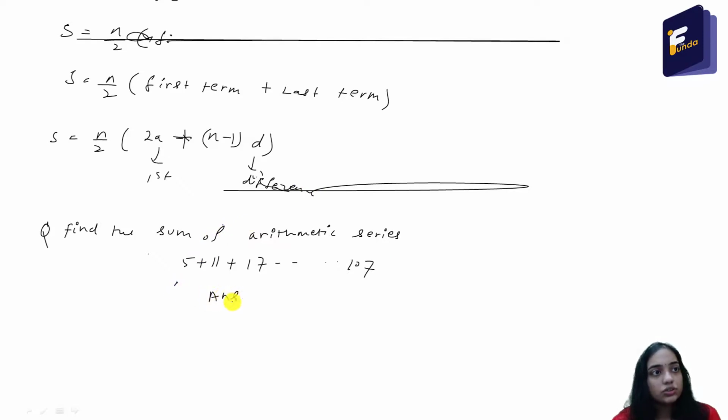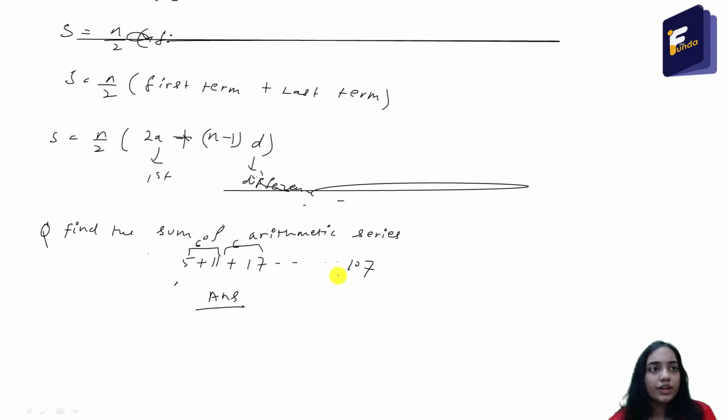So the answer to this question: we have to find the common difference. From here we can see that this is the AP, this difference is 6, this is also 6. So we know that the common difference is 6. Then we have to find the number of terms in this arithmetic series.